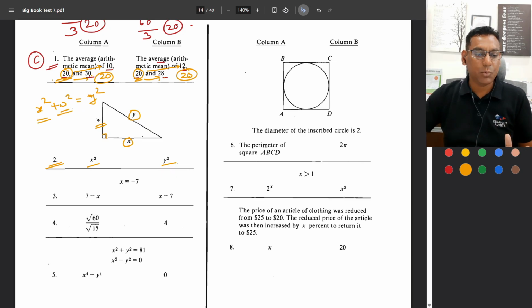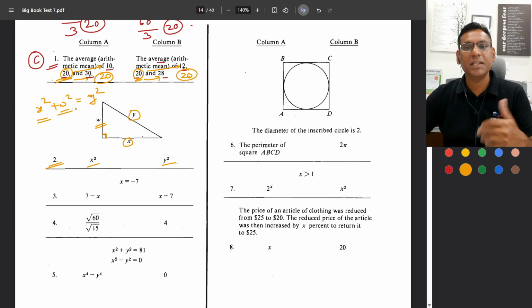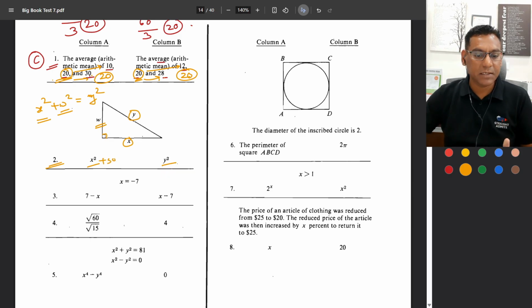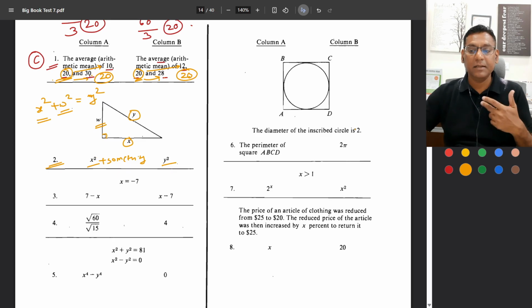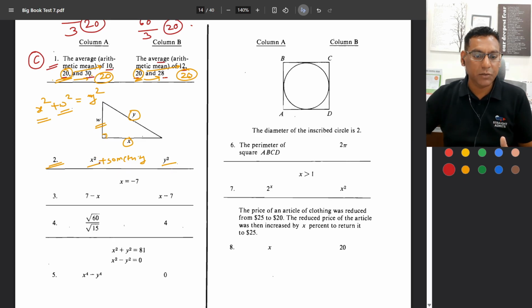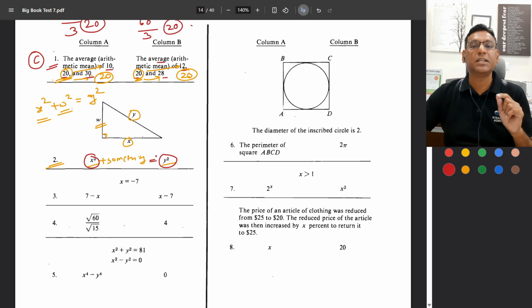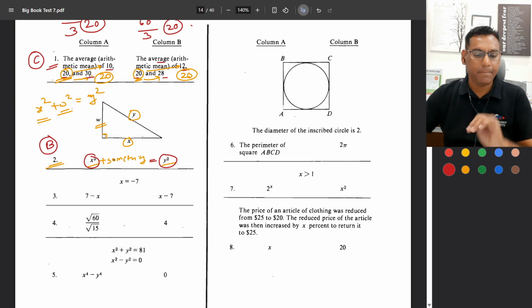So that means x square plus something is y square. X square plus something is y square, correct? So then compare x square and y square, then you will realize that if x square plus something is y square, x square has to be smaller. That means y square has to be bigger. The answer is going to be answer choice B.